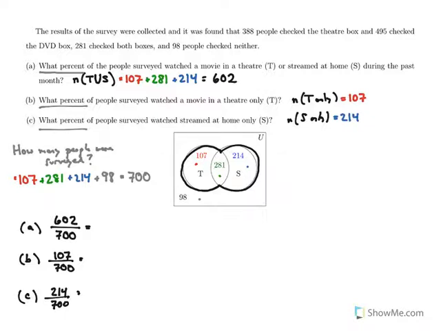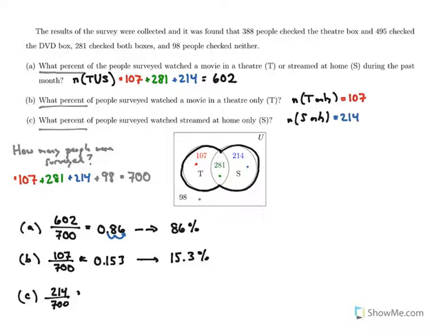When we do 602 divided by 700, that gives us 0.86. And that's going to give us 86%. Remember, we move the decimal point over 2 spots to get the percentage. When we do 107 divided by 700, we get about 0.153, and that'll give us about 15.3%.